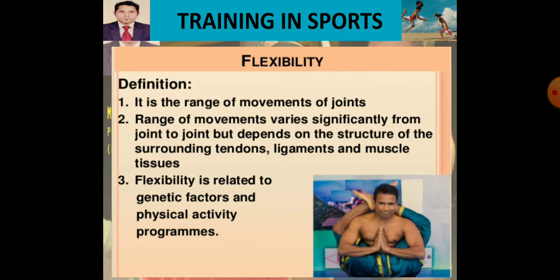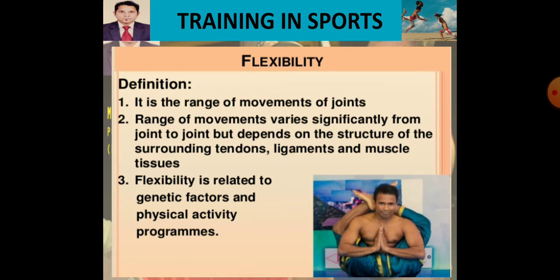So that's why flexibility is a phenomenon in which the muscles and the joints perform action to complete any action. That's why it is the range of movement of the joints.